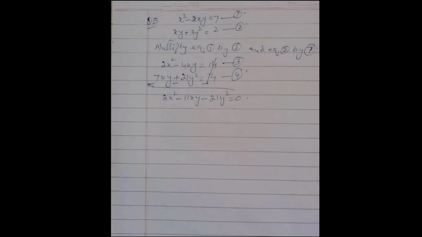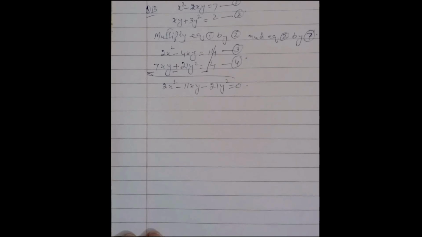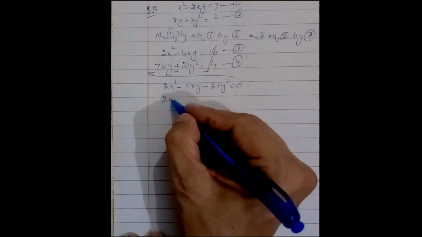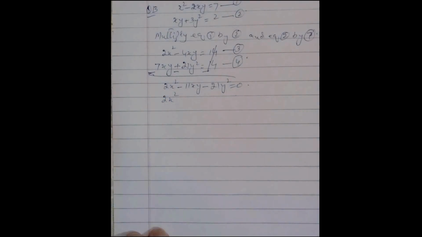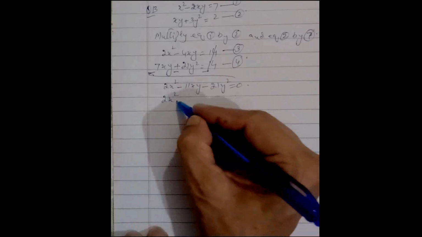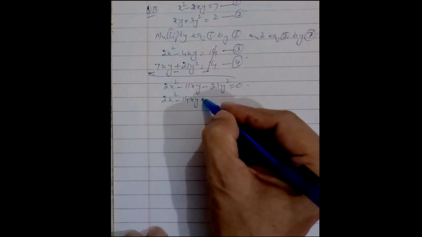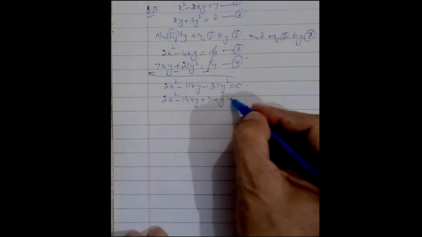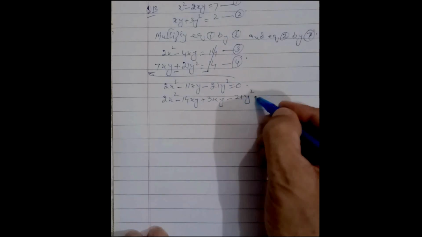And first we simplify this equation by factorization. We get 2x square minus 14xy plus 3xy minus 21y square is equal to 0.